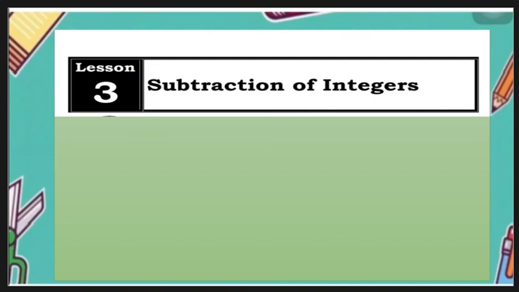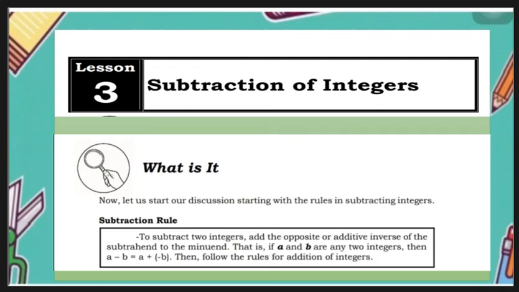So in lesson 3, it talks about subtraction of integers. Now, let us start our discussion starting with the rules in subtracting integers. Subtraction rule. To subtract two integers, add the opposite or additive inverse, yung kabaligtaran, of the subtrahend to the minuend.